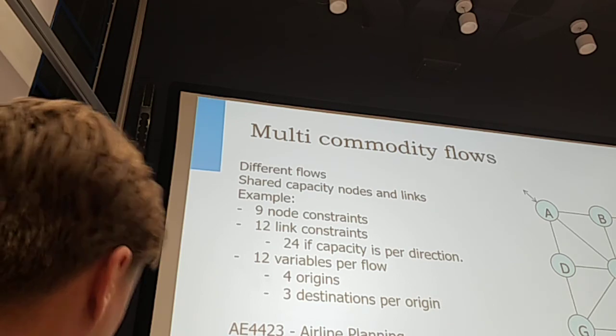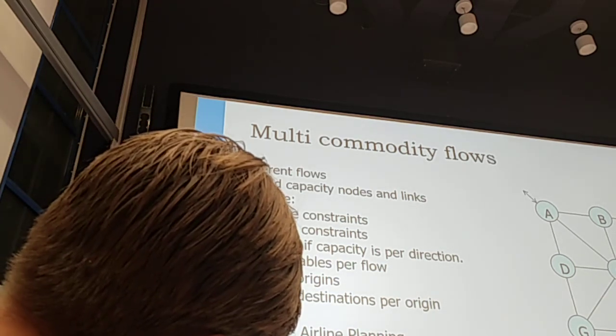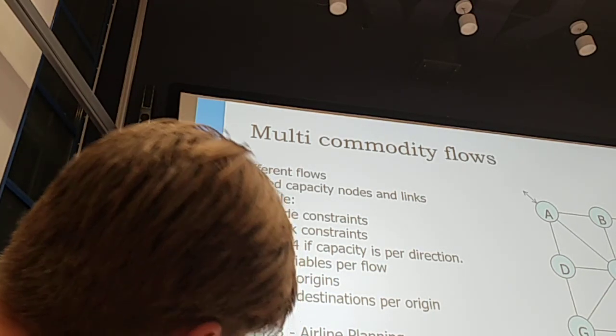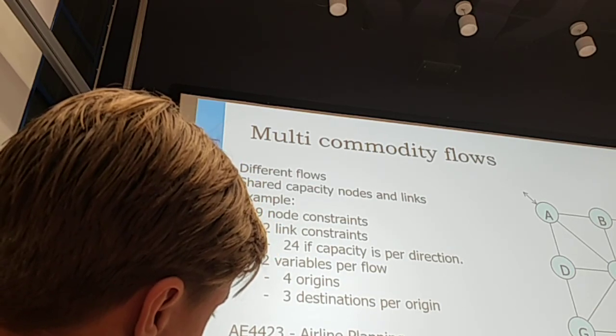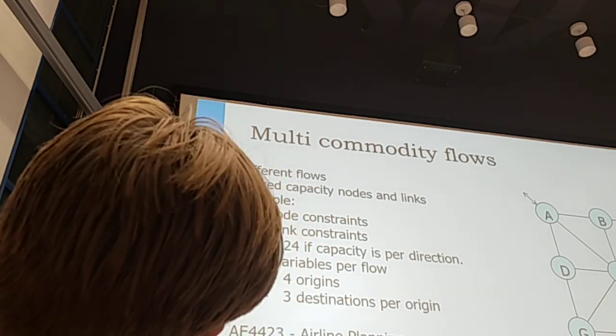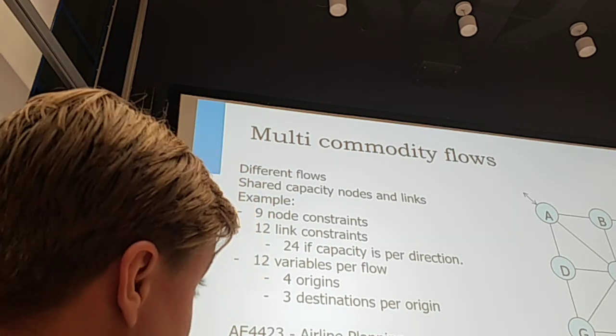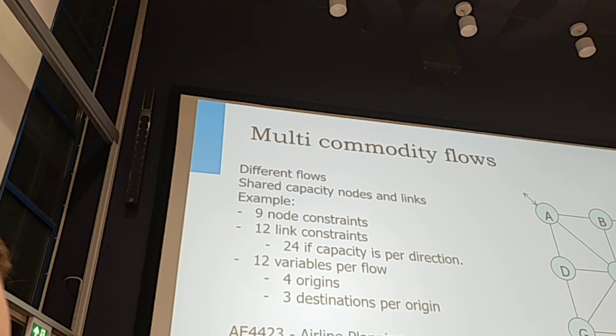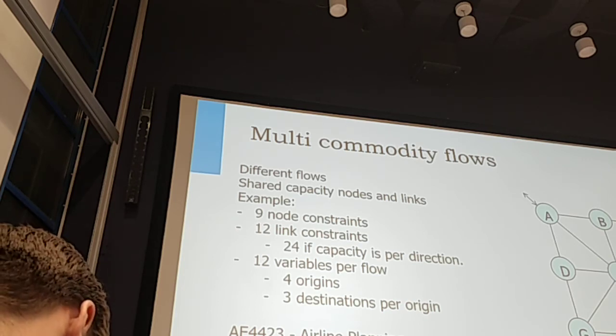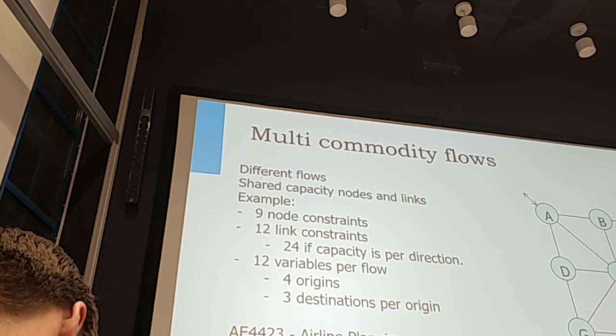However, they do share capacity over the link. So in this case, a link can be an airline flight between 2 connections. But we do need to make sure that we have different commodities with different requirements, and we have to really single those out. So in this case, we have an example of 12 link constraints and 24 link capacities per direction.